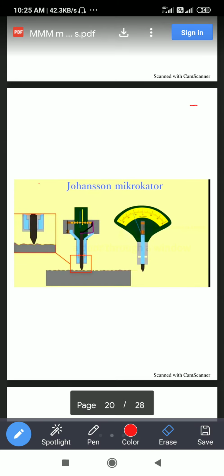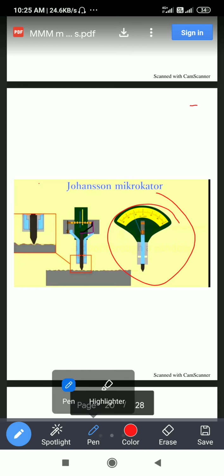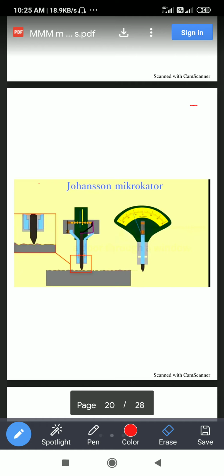Okay, can you see the diagram of the Johnson Mikrokator? Now you can see over here the total assembly, what it actually looks like. There is a scale at the top, and all the mechanism is there by which the Abramson movements are carried out for checking the workpiece.